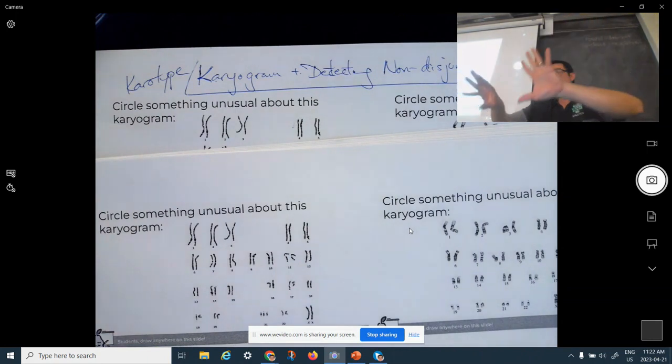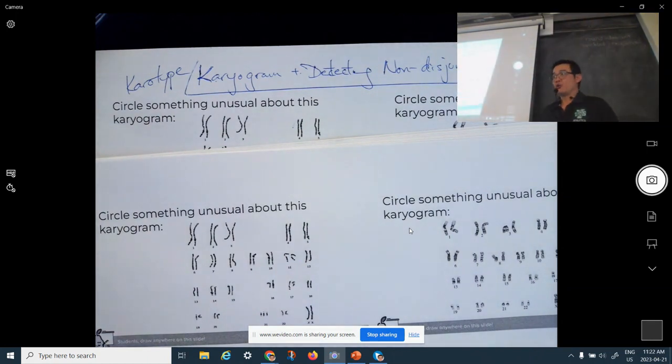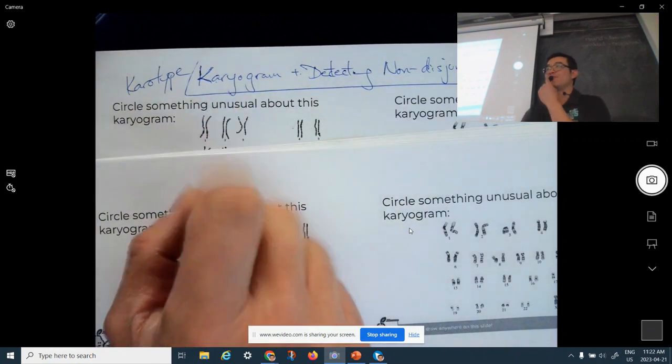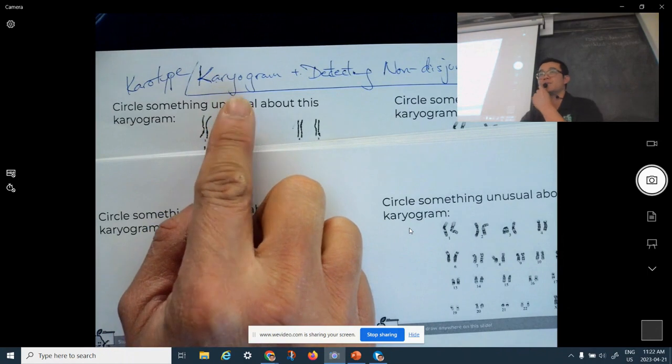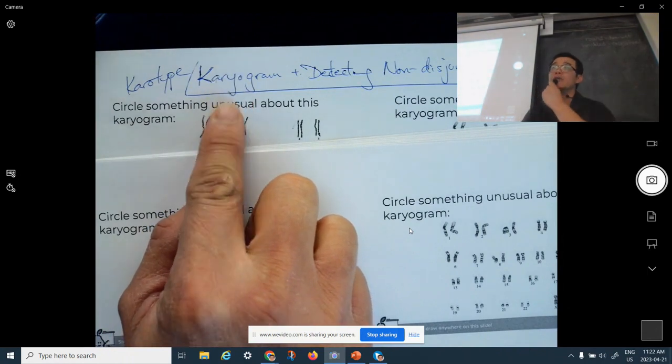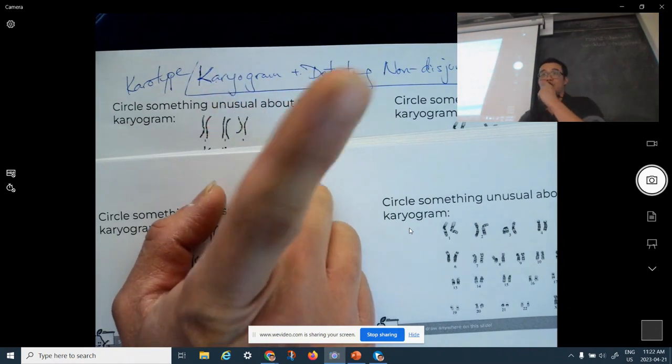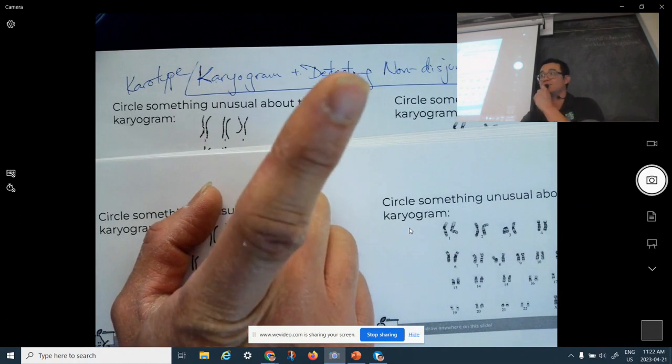That activity you have done was really a hands-on version of making a karyotype or karyogram. So in some ways, the reason you have not learned what karyotype or karyogram is today is because I haven't called it by that name, but you have actually done it in that activity.